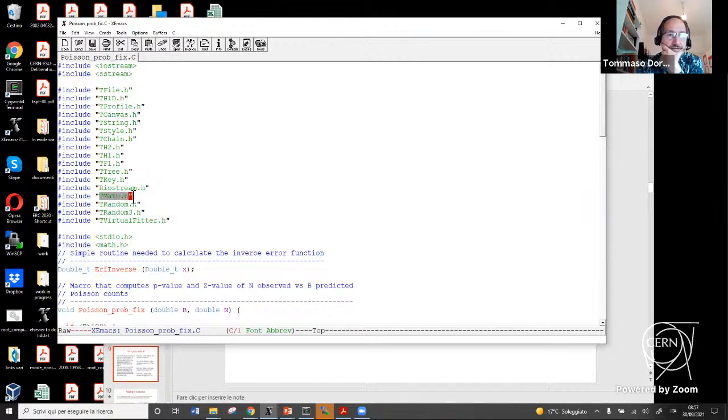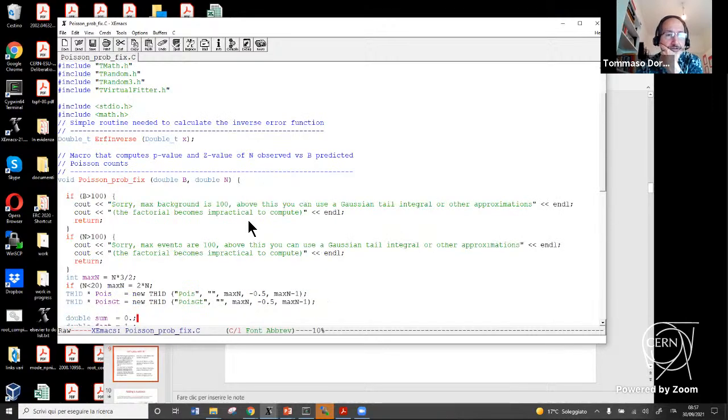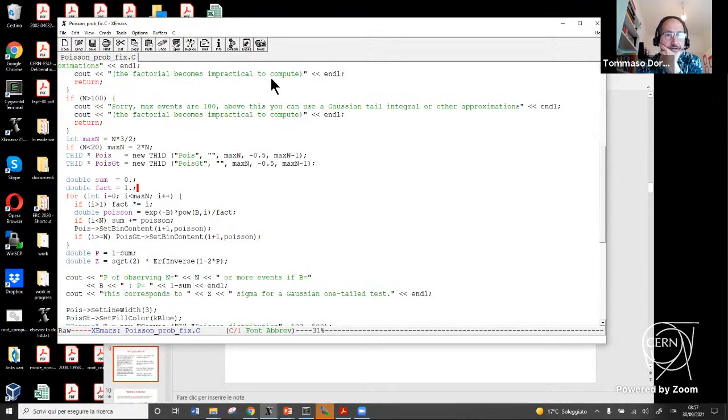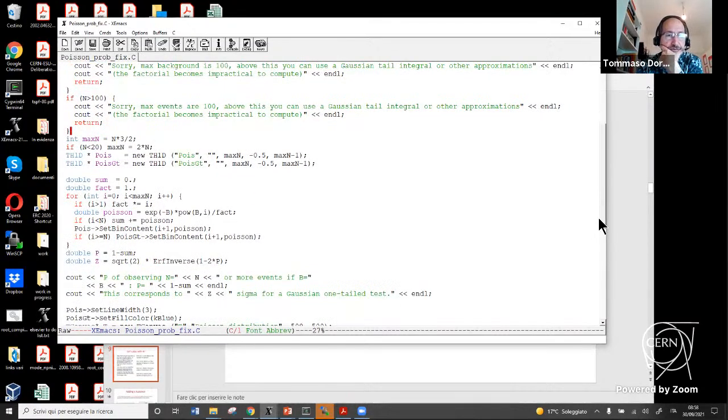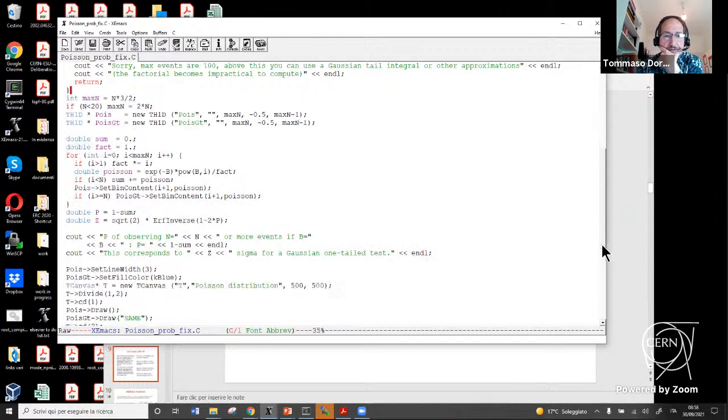Then I have an include, and I have a random number generator if I ever need it, but I don't need it in this particular macro. The macro will not run for too large a number of events, so I have some couts here. But with particular combinations of B and N, it will still crash because the factorial becomes too large for this particular kind of precision.